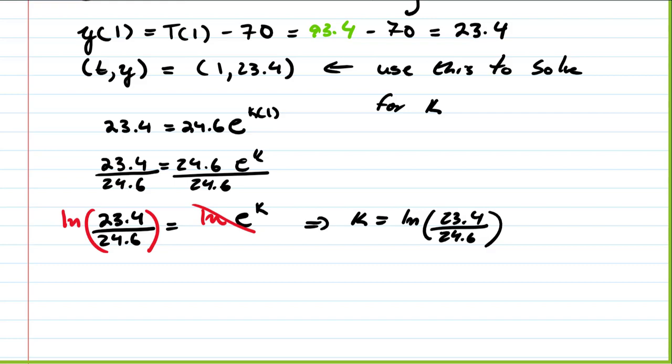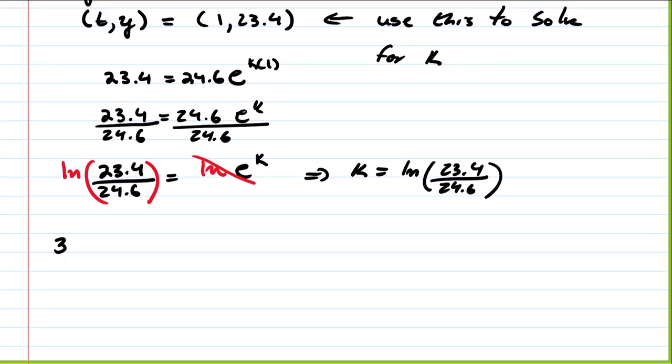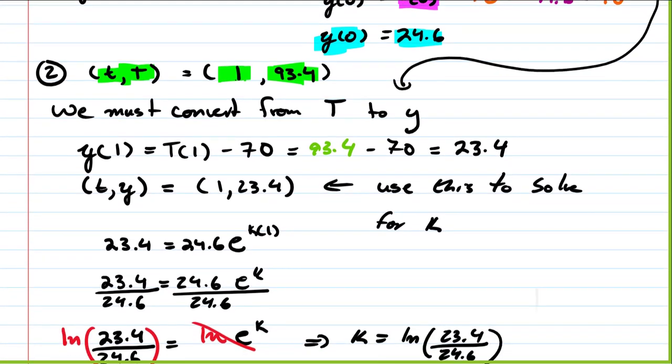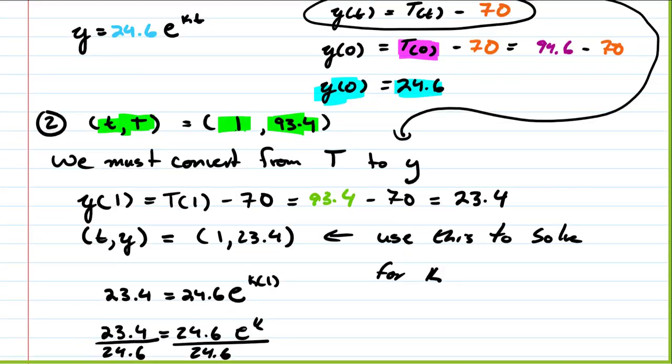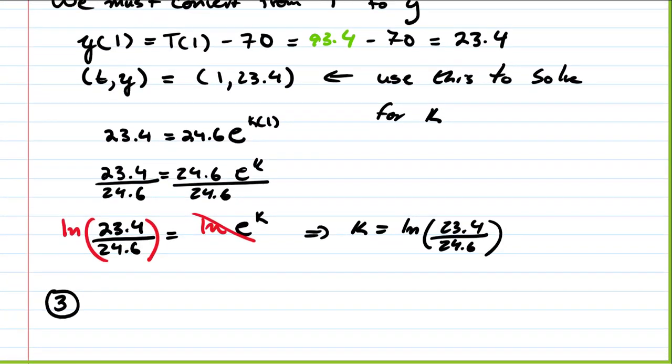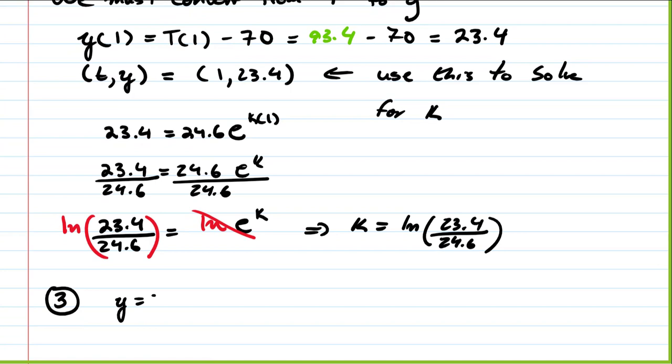So then step 3 is we substitute our k back into our original equation. So that gives us y equals 24.6 e to the k t, which is 24.6 e to the t times the ln of 23.4 over 24.6.